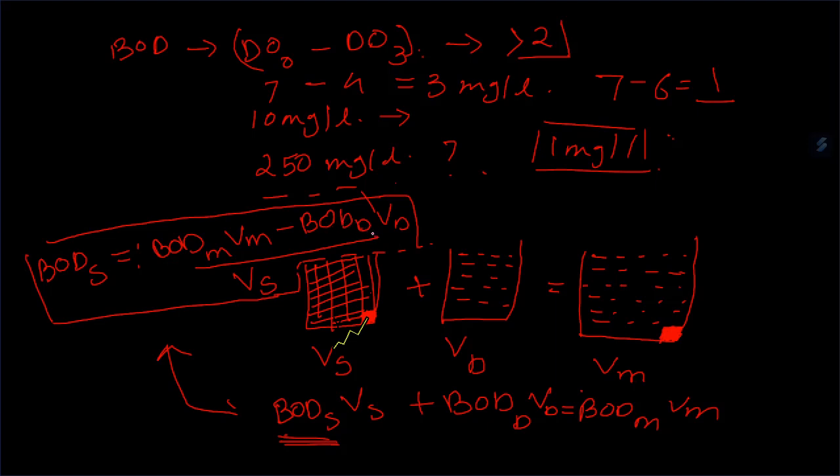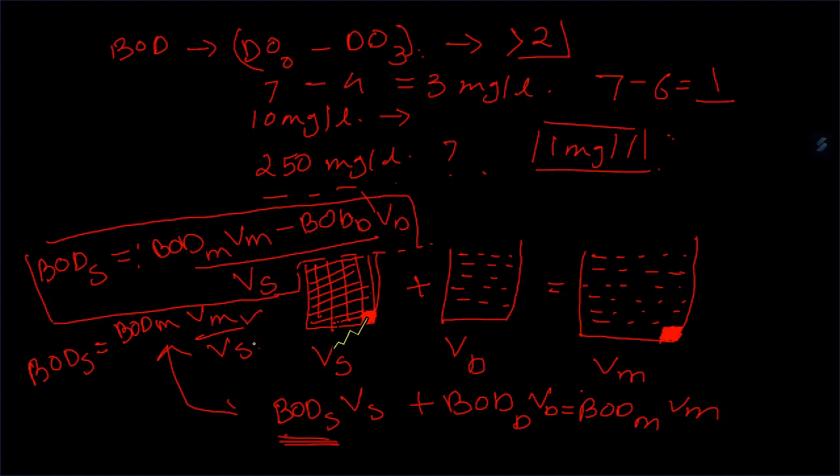Now again, if my dilution water is distilled water, my BOD is approximately equal to 0. So this means there is no organic matter present in that. So this quantity can go down to 0 and I can get a very simple formula for this. BODS is equal to BOD M Vm upon Vs. So Vm is the total volume of the mixture.